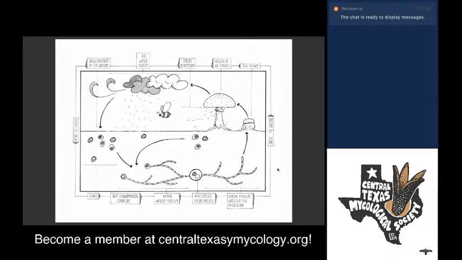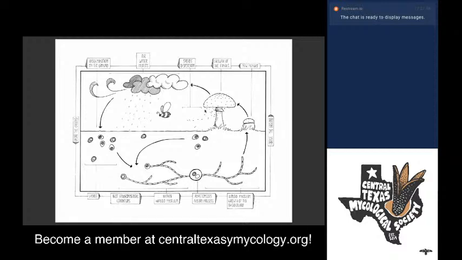What we have here on the screen is a basic outline of the fungal life cycle, where we can start. Oh, good. You can see my cursor on the screen too.